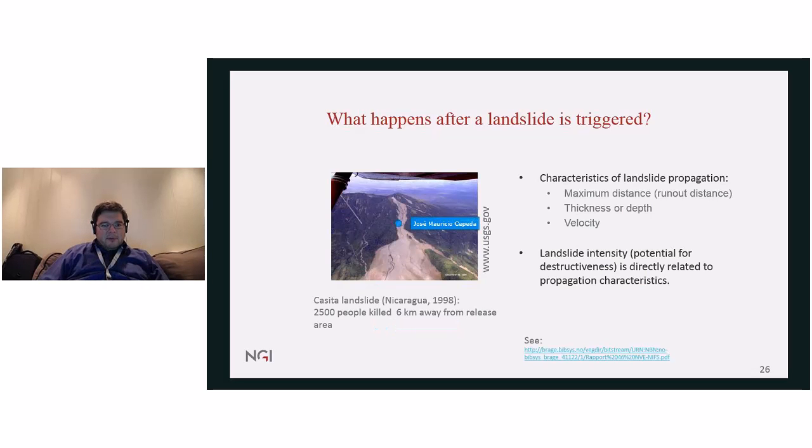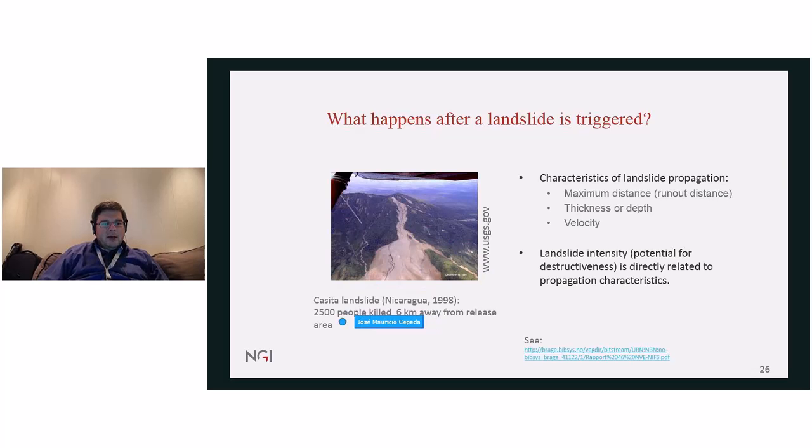This is an example from Central America in 1998, where a landslide that was triggered at the top of this volcano traveled as far as 20 kilometers from the summit, and 6 kilometers away from the release area there were two settlements where nearly everyone was killed.